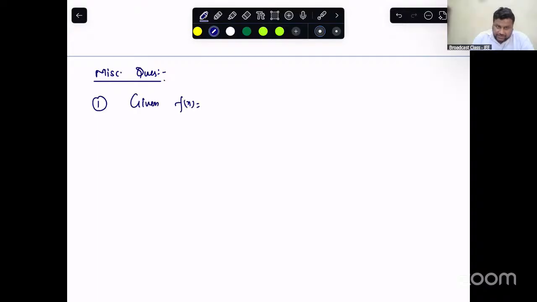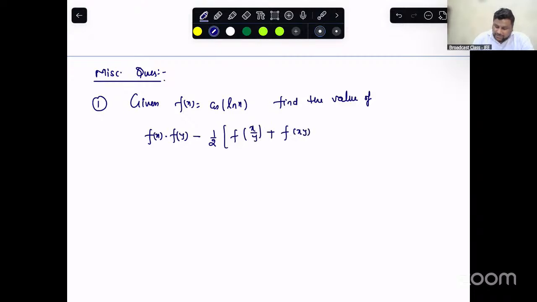f(x) is cos of ln x. Find the value of f(x) into f(y) minus half of f of (x upon y) plus f of (xy). Yes. How will you do it?